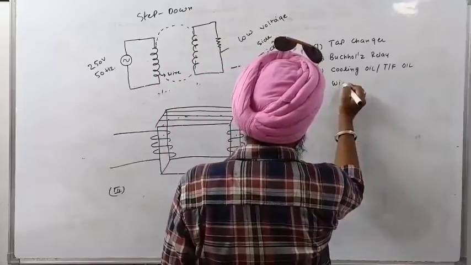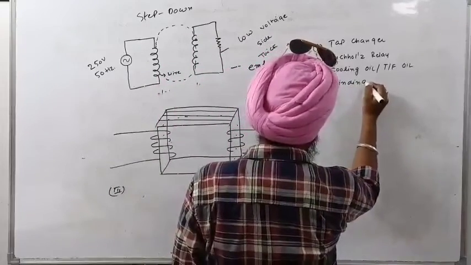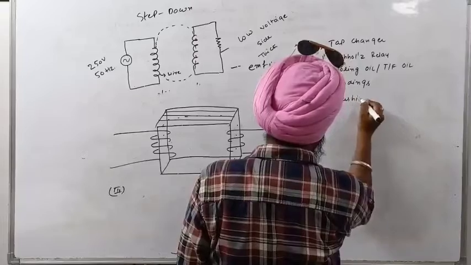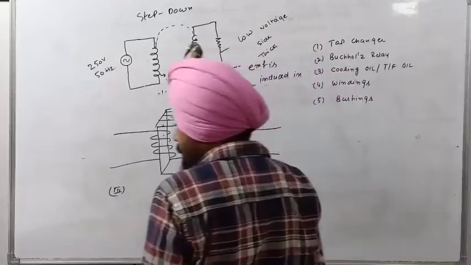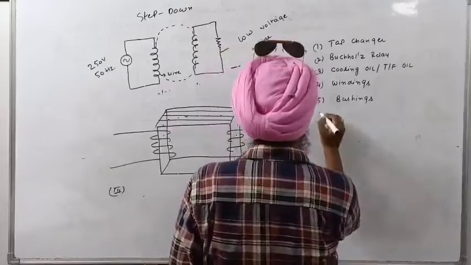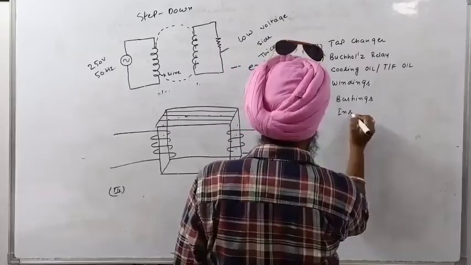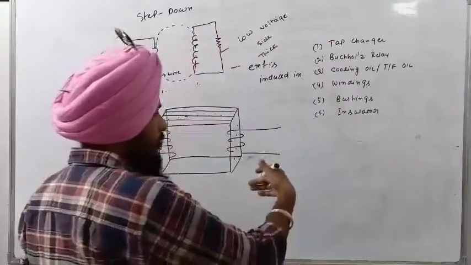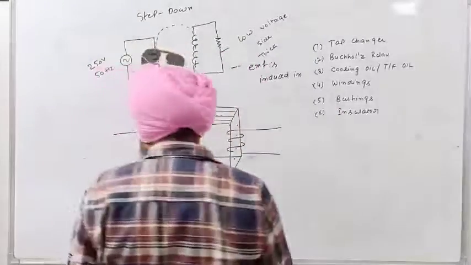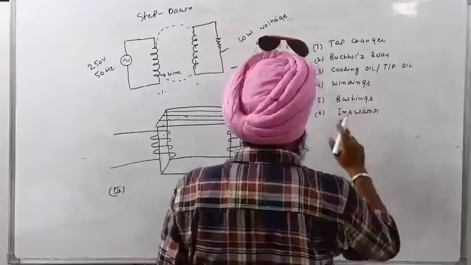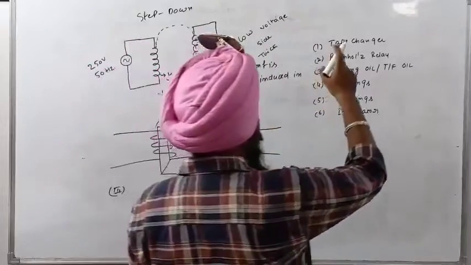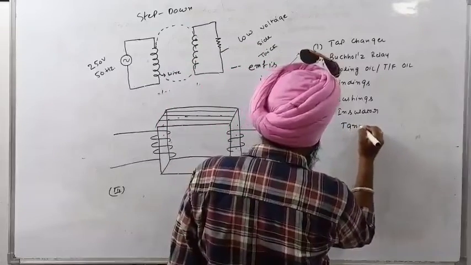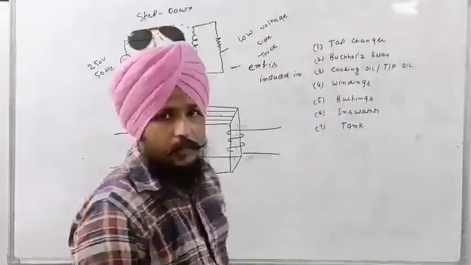Then windings, then bushings, six, insulator. What is the use of the insulator in the transformer? I will tell you after some time. Then insulators, insulation, bushing, winding, cooling, Buchholz relay, and tank. Okay.